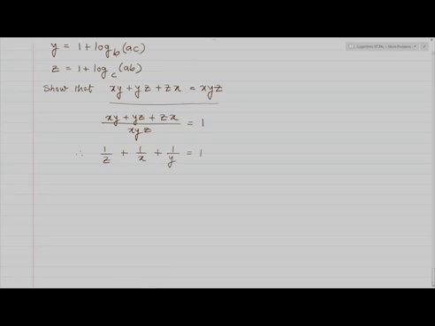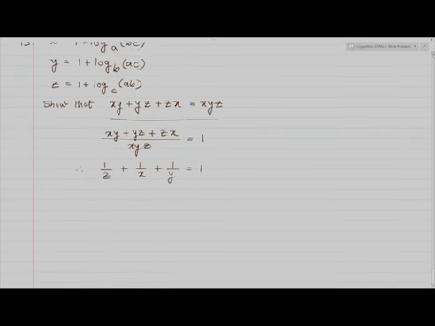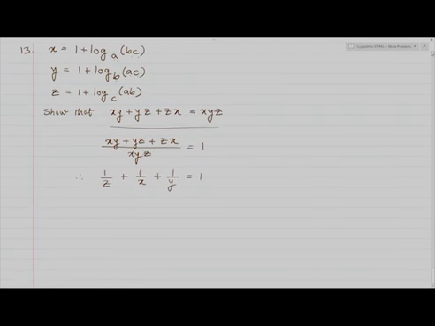Okay, if this is the case, then what I need to find actually is these expressions for x, y and z. So I want to simplify these expressions.